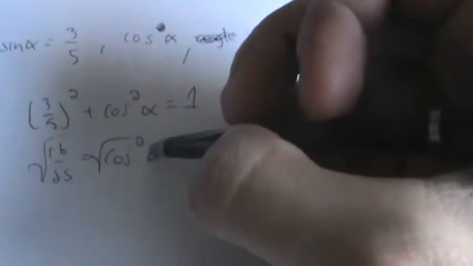Once you do, the power goes away, canceled out by the square root. So all you have is cos alpha, and that's equal to plus or minus square root of 16/25. After simplifying, you end up with plus or minus 4/5.